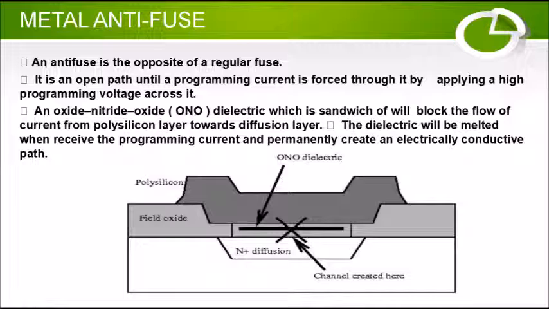The dielectric will be melted when it receives the programming current and permanently create an electrically conductive path. And this antifuse consists of polysilicon, ONO dielectric, field oxide, and plus diffusion.